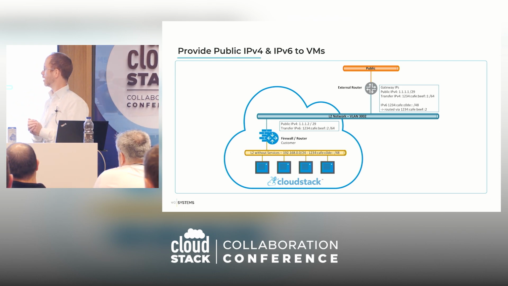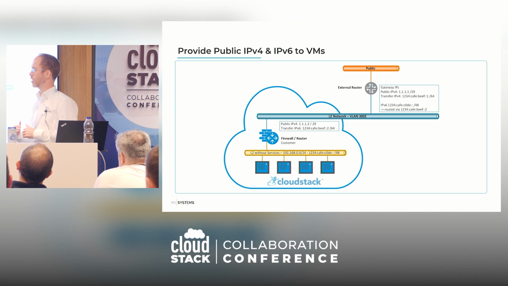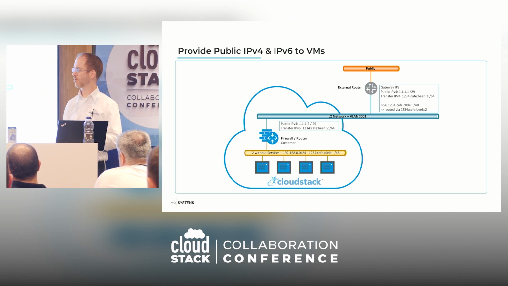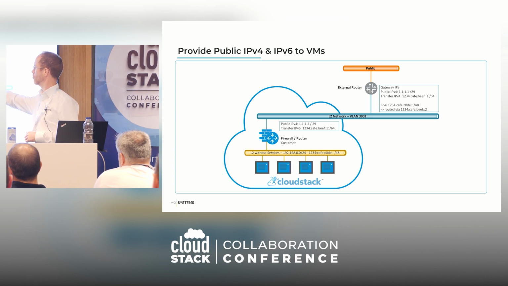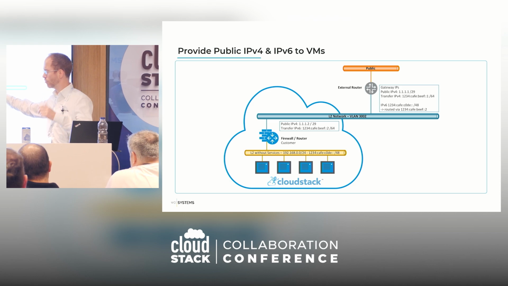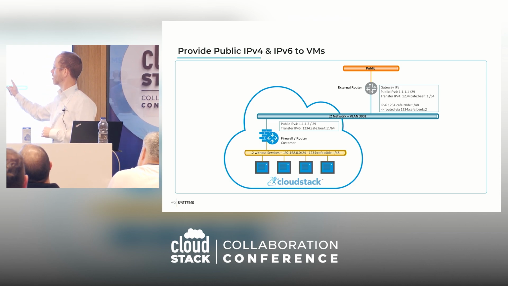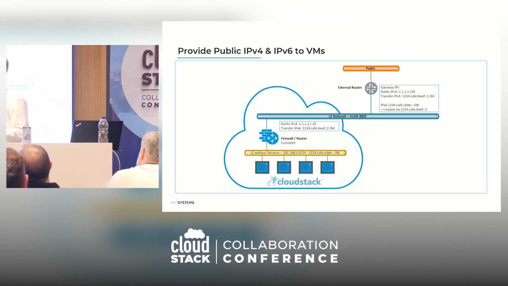Then we give each customer a /48, as RIPE recommends. And on this router, we have a kind of static route, if you want to say that, of the /48 to the IP address of this transfer network at the customer side.